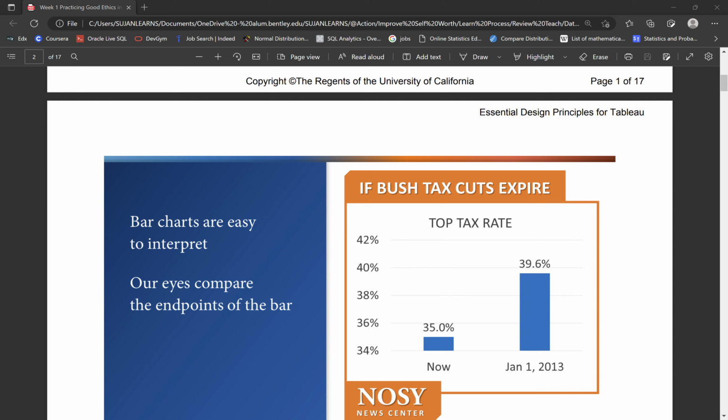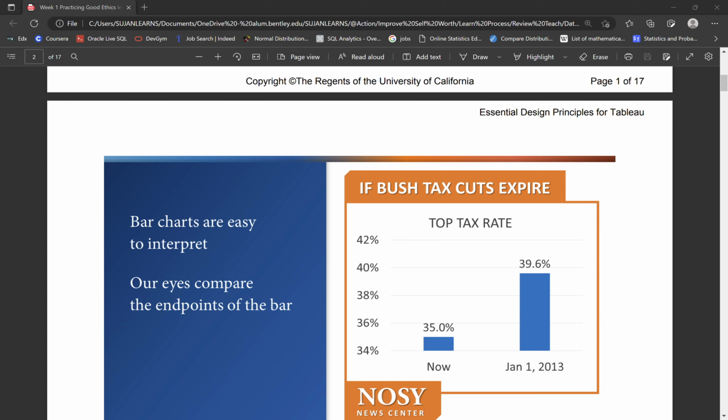They go hand in hand, but they are mutually exclusive. You can have a good data visualization following best practices, but it may not be ethical. At the same time, you may have a good ethical data visualization, but it may not follow best practices.